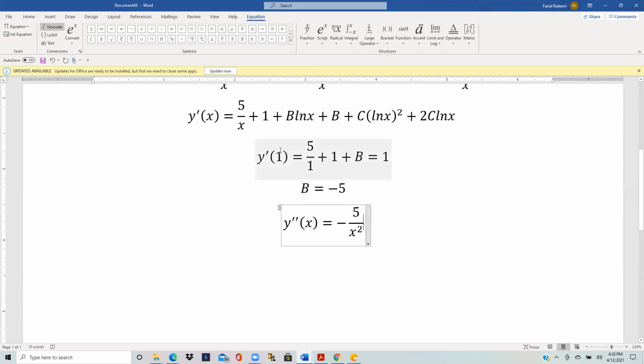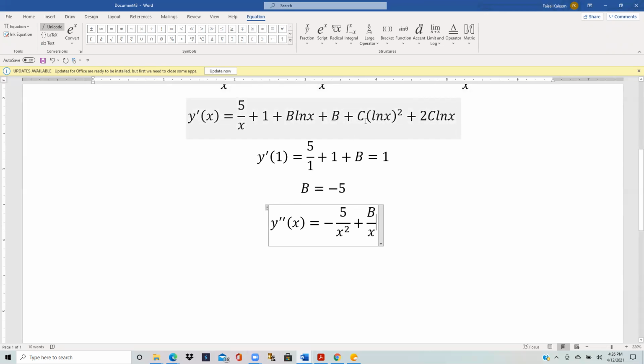Okay, derivative of 1 is 0. Derivative of b ln x is b divided by x, plus b divided by x. And the derivative of this b is 0.